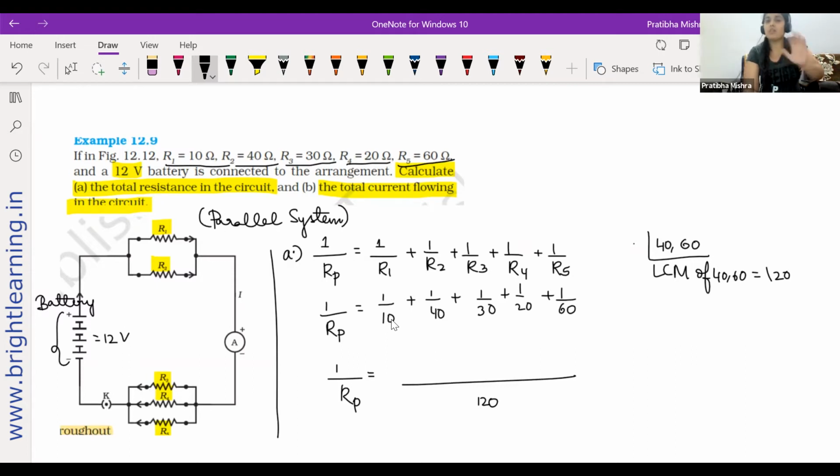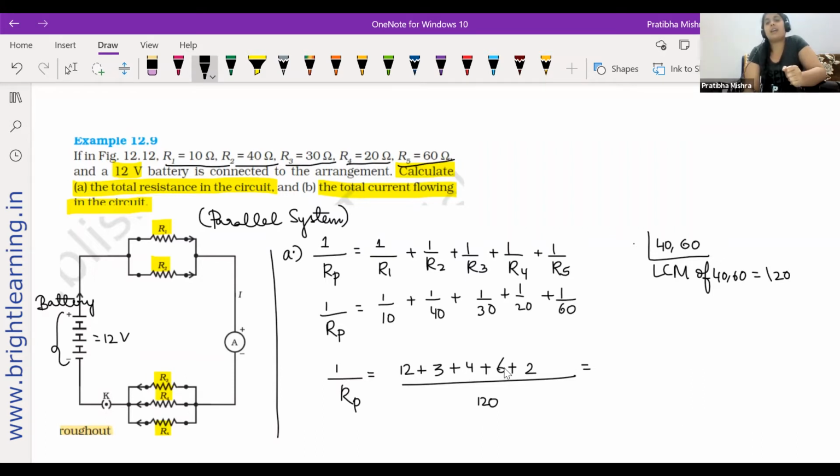Okay, 10. How will you make it 120? Multiplied by 12, right? So it will be 12 plus 40 into 3 is 120, so 3, plus 30 into 4 is 120, plus 20 into 6 is 120, and 60 into 2 is 120. So 12 plus 3, 15, plus 4, 19, plus 6, 25.